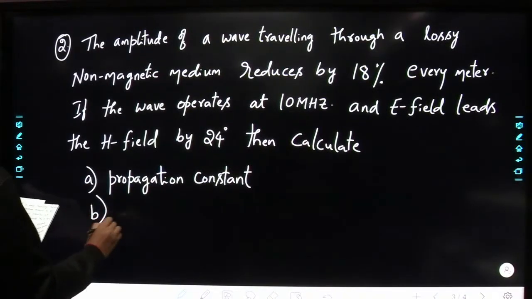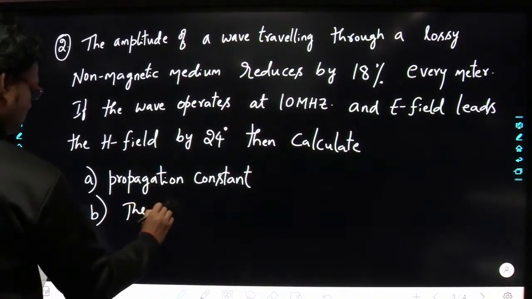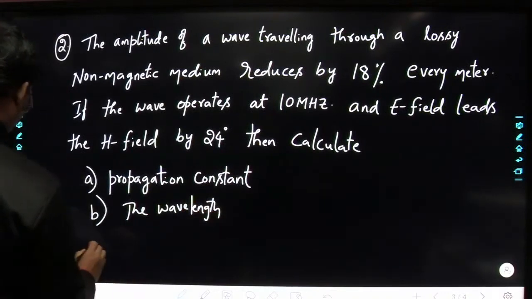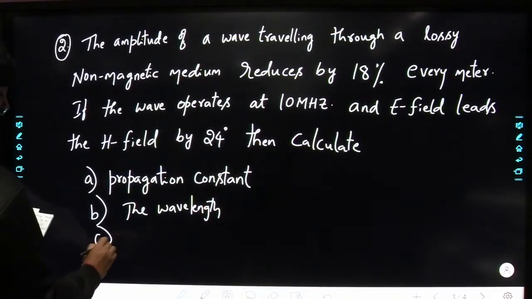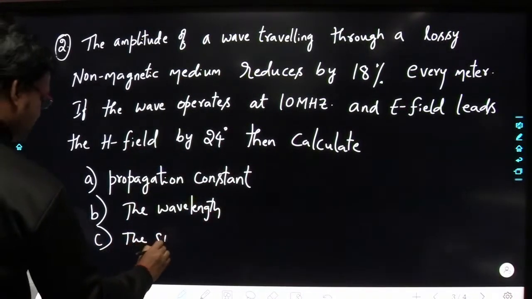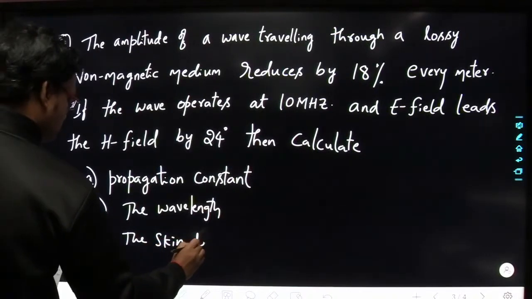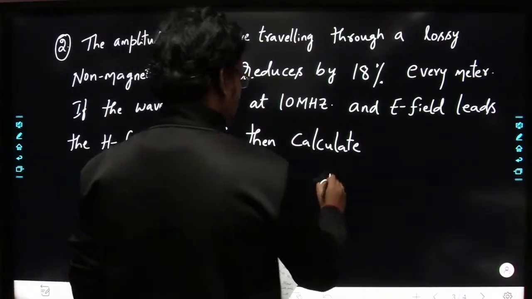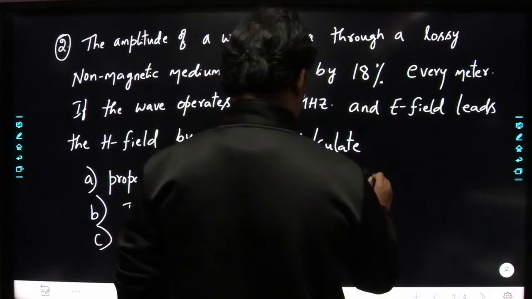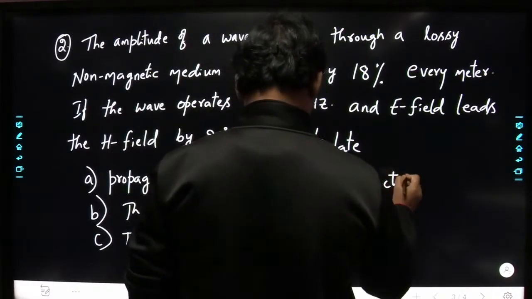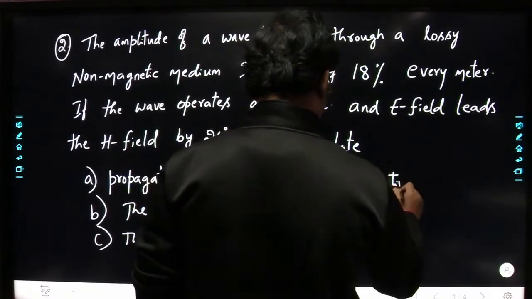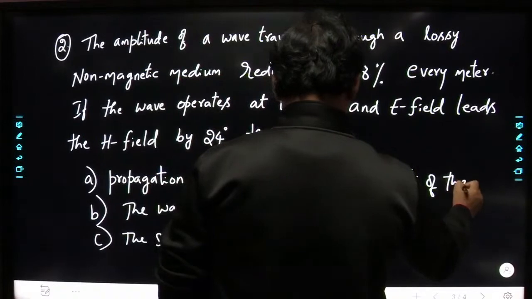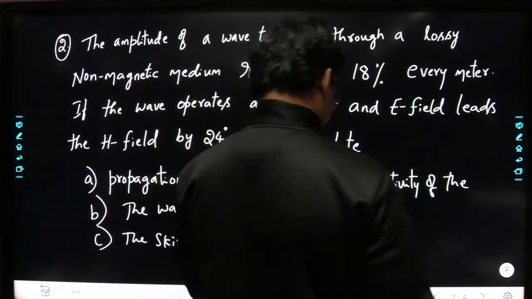Next, B, the wavelength, and C, the skin depth, and D, the conductivity of the medium.